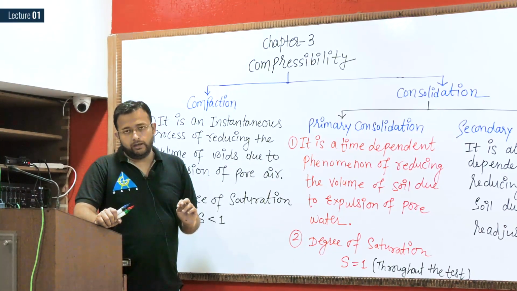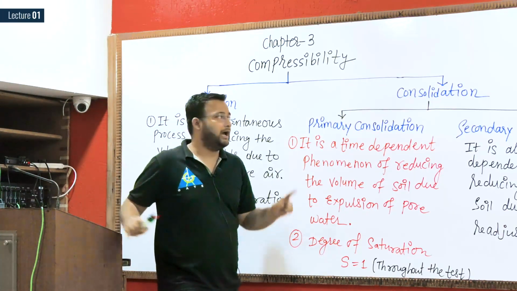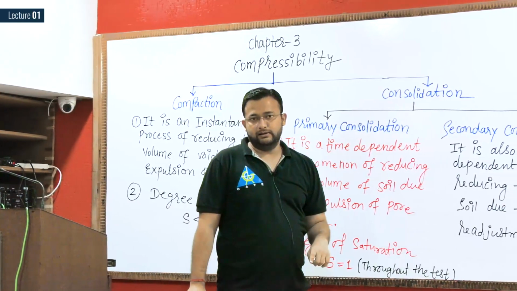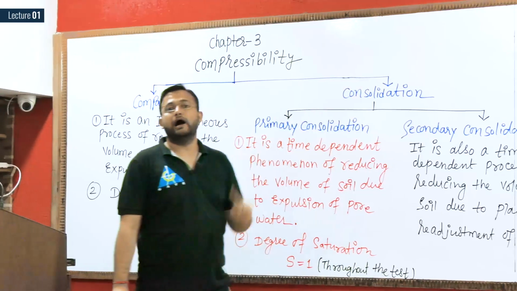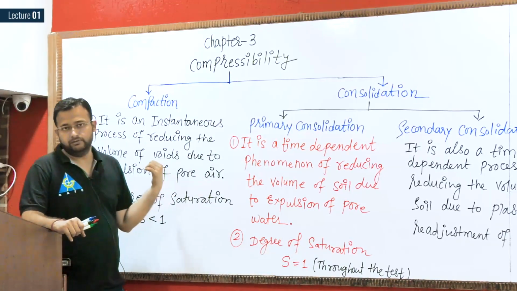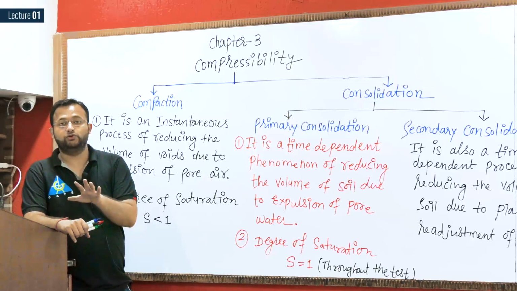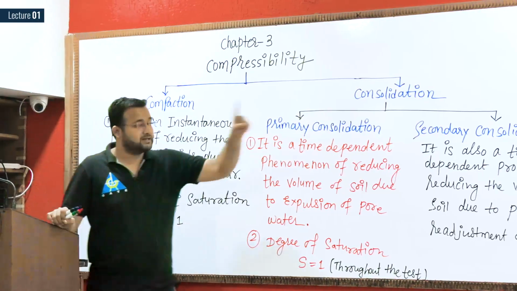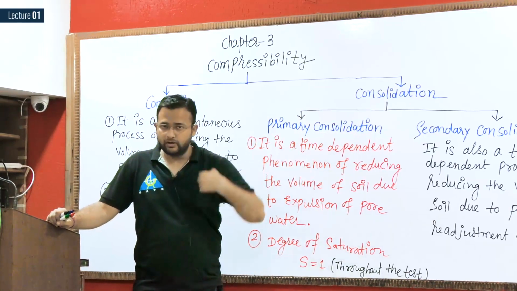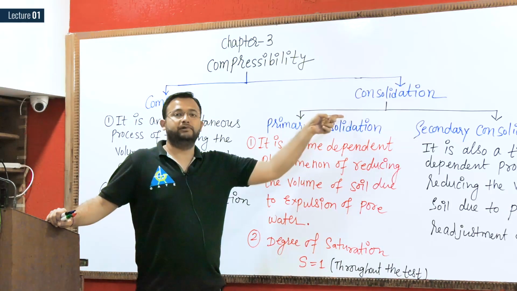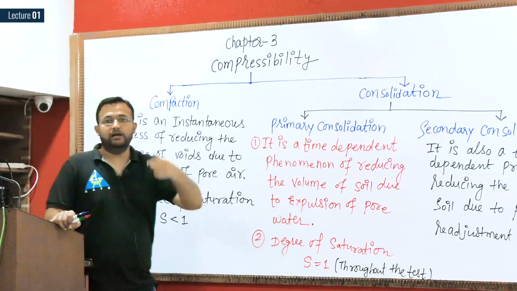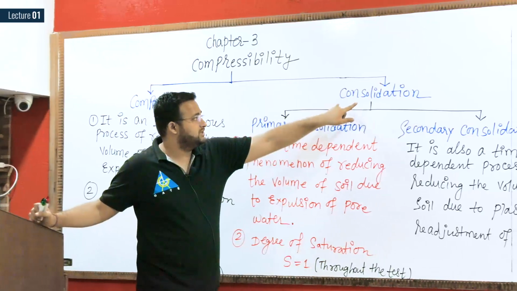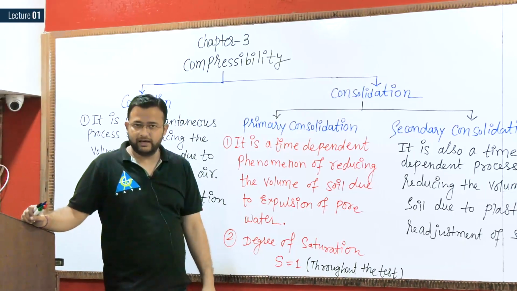Naturally compaction occurs first, then consolidation. But only because of my area of interest, I am teaching consolidation first, then I will discuss compaction. So in the next lecture, we can have the discussion on consolidation. Clear? Thank you.